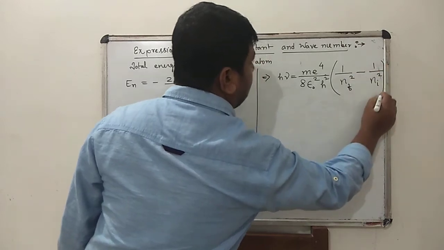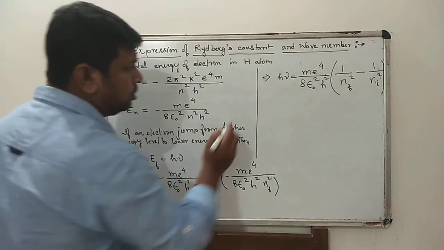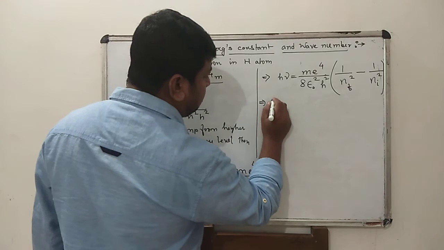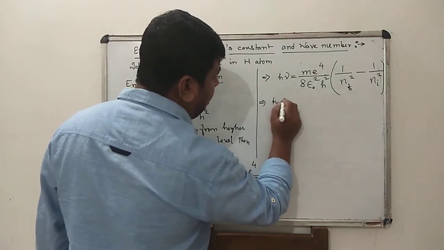Okay. So nu means frequency, and nu means c by lambda.